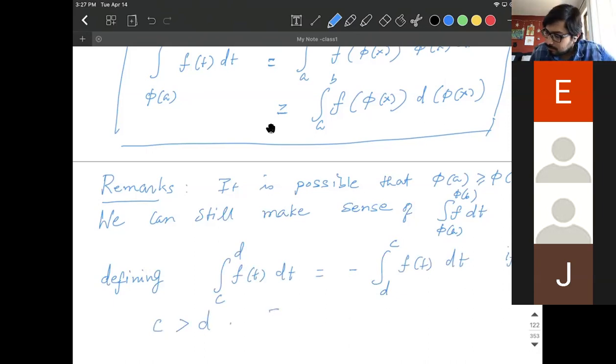And if c is equal to d, then the integral from c to d, of course, is 0.